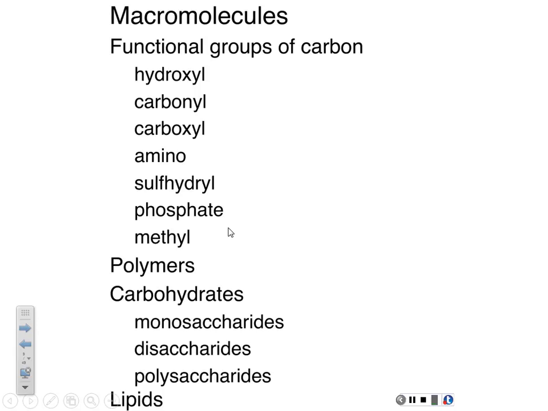You need to be able to associate that structure with the name of the compound, which is often related to the name of the structure. And I think most importantly, I hope you don't even need this on the flashcard. I hope you can apply some fairly basic concepts to figure out how that functional group will change the behavior of a carbon molecule that you attach it to. Okay? So those are the things I hope you'll take away for all 7 of these functional groups.